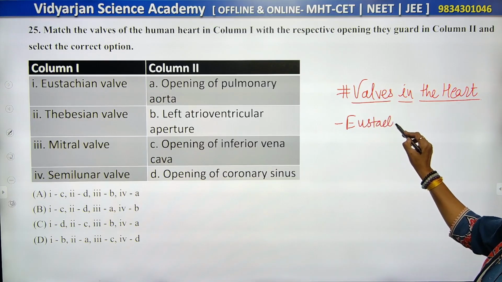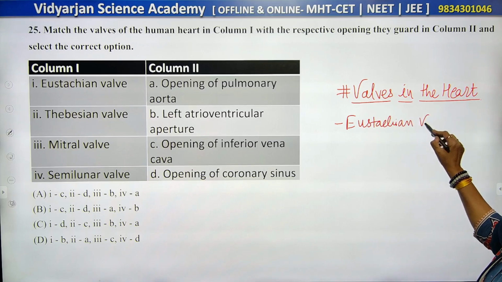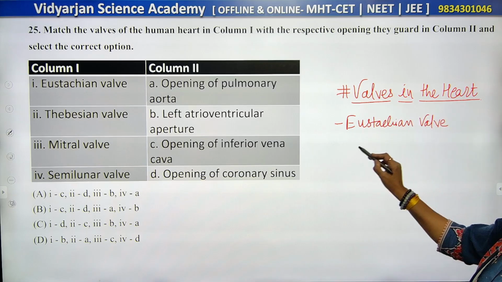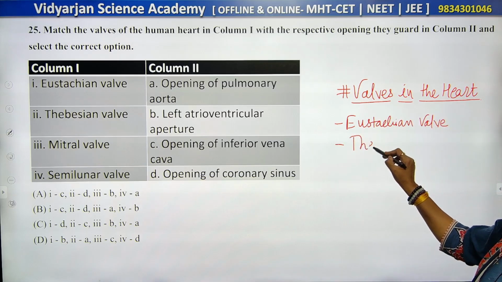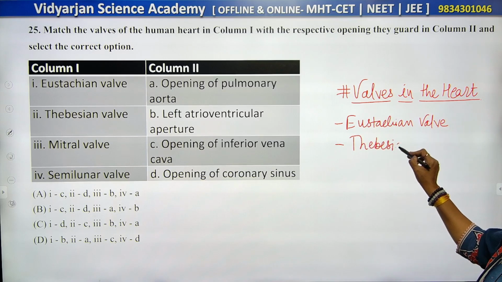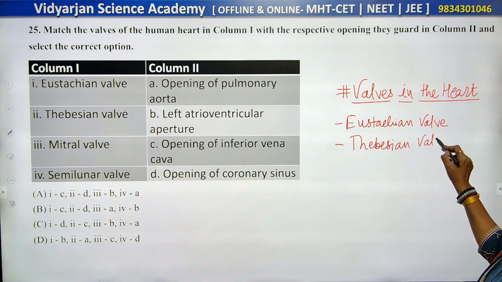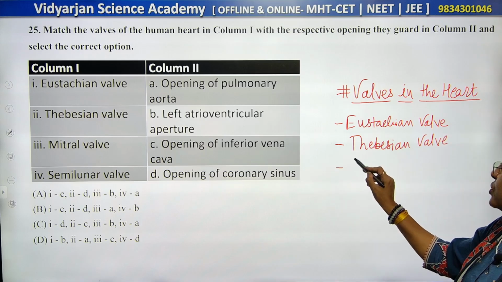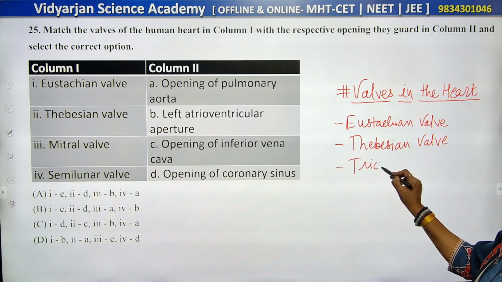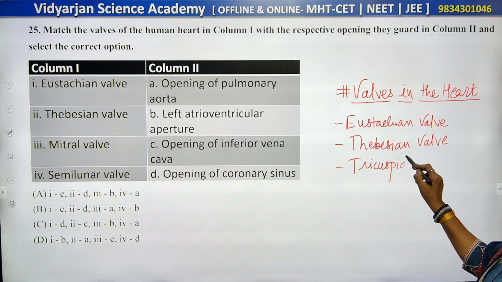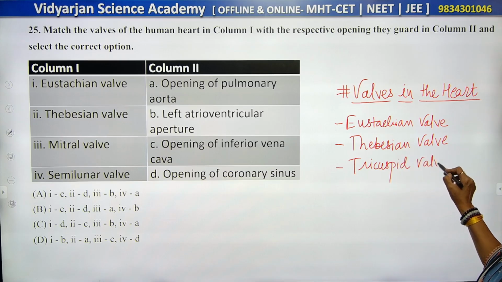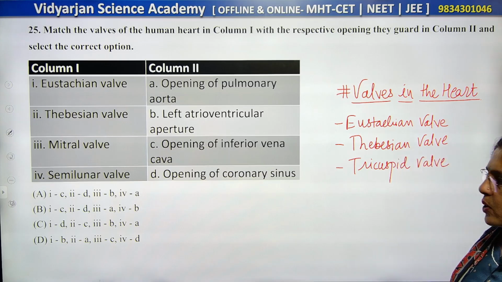Okay, so you should know number 1 is Eustachian valve. Number 2 is Thebesian valve. Number 3 is tricuspid valve, which is present towards the right side of the body.